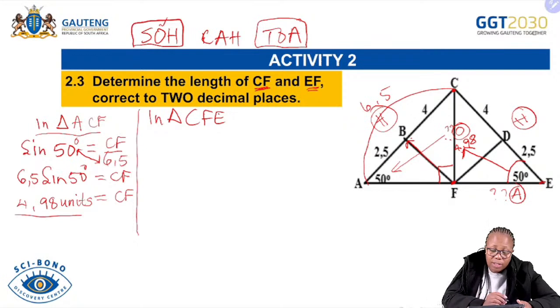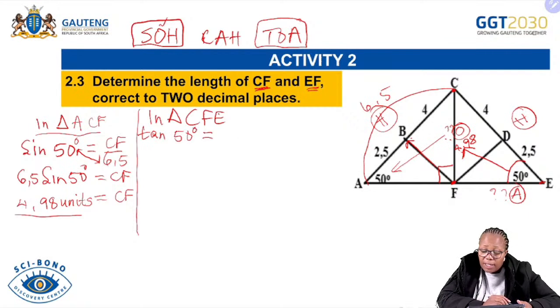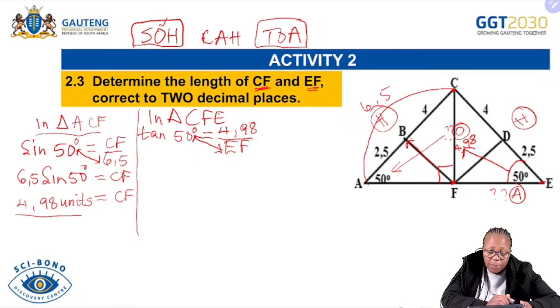Opposite and adjacent. That means it's a tan of 50 degrees. And then the opposite side will be that one that we have just calculated, 4,98 over the adjacent side, which is the EF that we want to calculate there. And then we cross multiply these two in order to take EF up there.